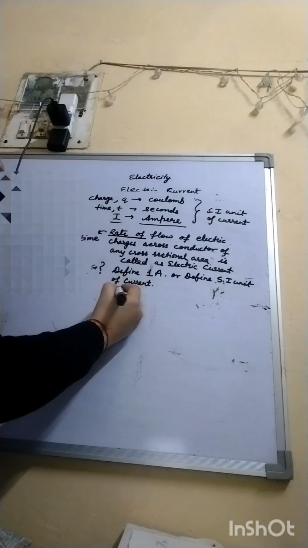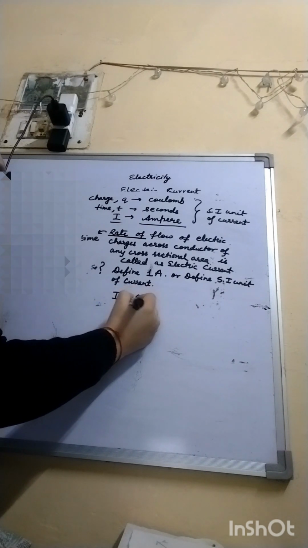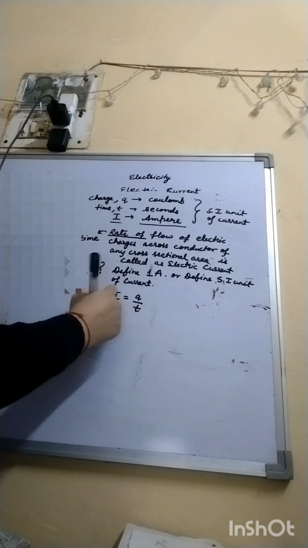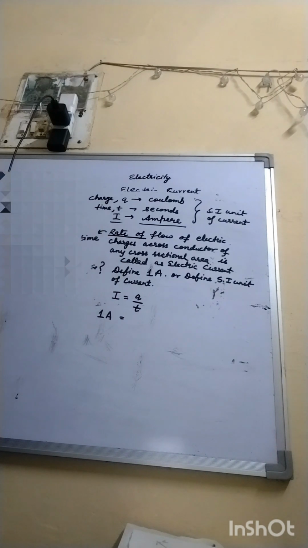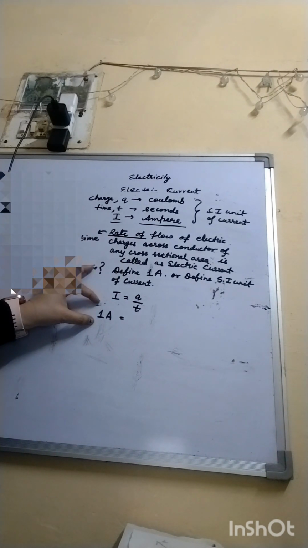So you would say that I is equal to Q by T. Now if I put, how would I get 1 ampere here? SI unit is ampere, so we would have a unit ampere only. We won't say 2 ampere, 3 ampere. It is unit ampere, so that would become the SI unit.